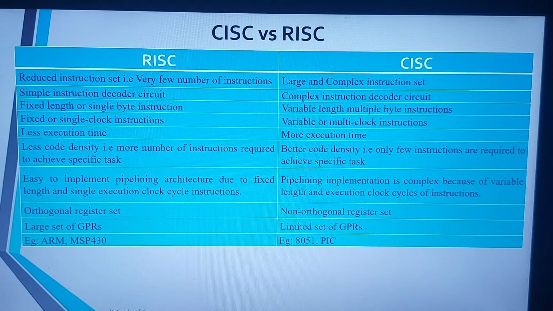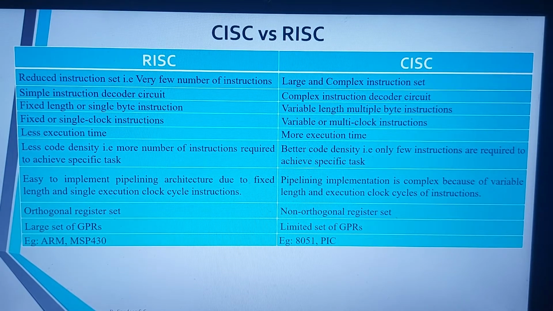As RISC instructions are very simple and of fixed length, both in terms of memory and clock cycles, they execute fast and consume less time. Whereas CISC instructions take more time for execution, as they are quite complex.